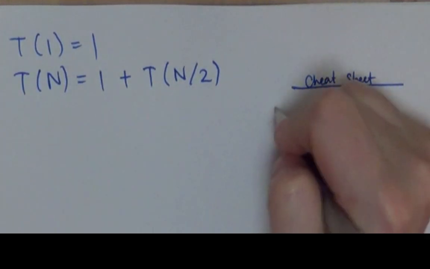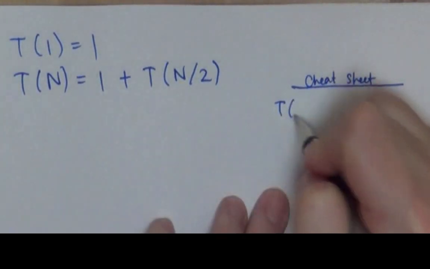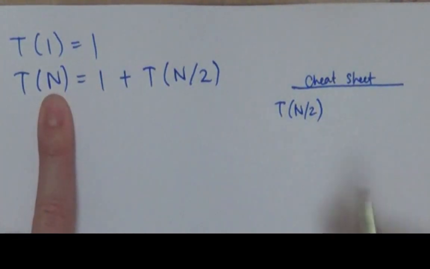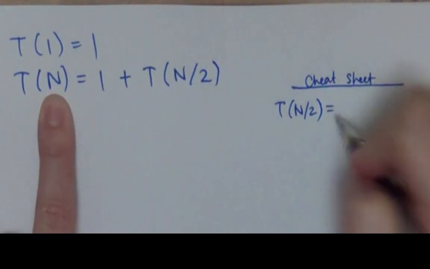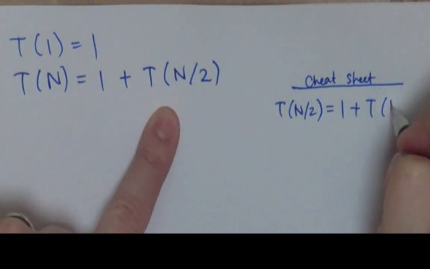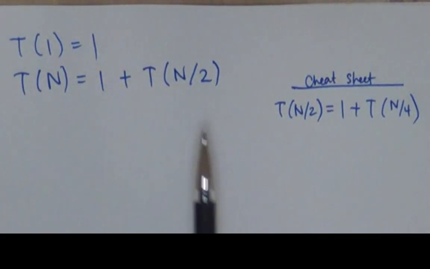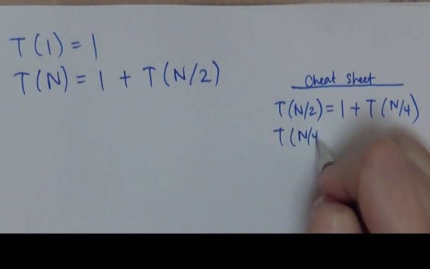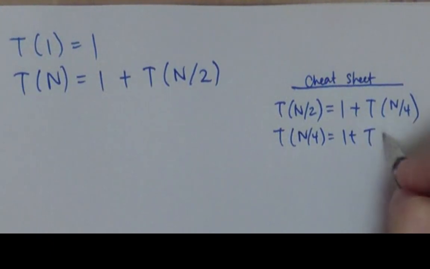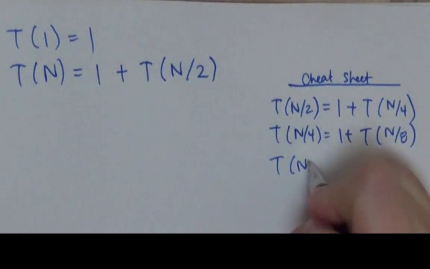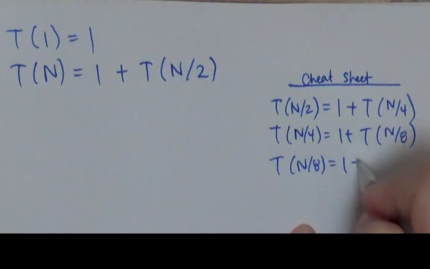It's not a transformation changing it in any meaningful way, but I can just say, oh, well, if n is n over 2, then I could rewrite this expression as 1 plus T of n over 4. Those two expressions are equivalent. And I could do another one where T of n over 4 is equal to 1 plus T of n over 8. And I'll do one more: T of n over 8 is 1 plus T of n over 16.